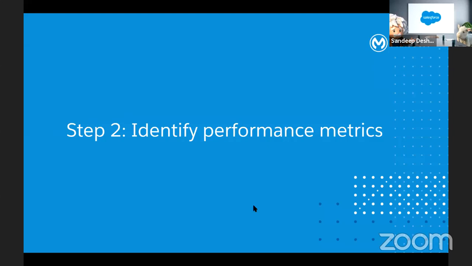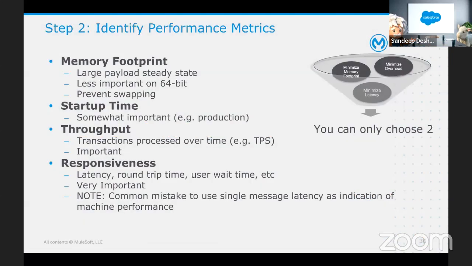Once you identify the testing environment, next is identifying what performance metrics matter to you. This is something that you need to work out with your business. When I was working with the customer, we had a step where we used to sit with the business and come up with the metrics that are acceptable for that particular use case.